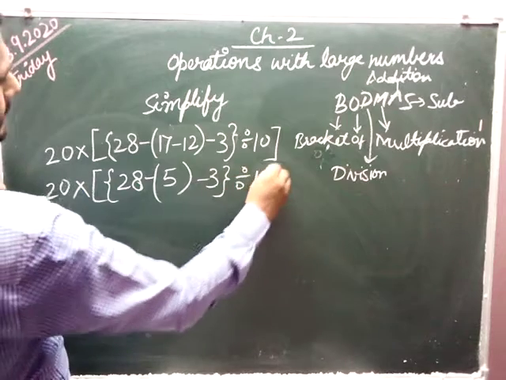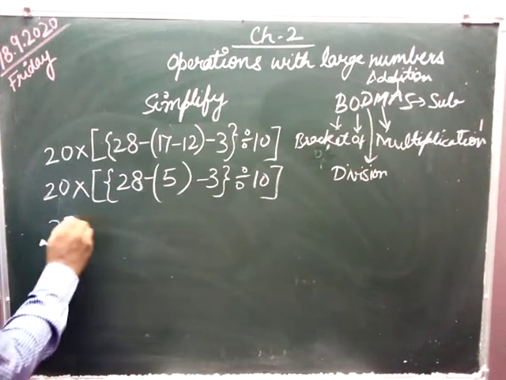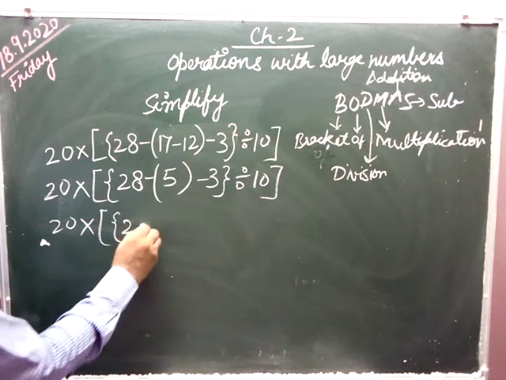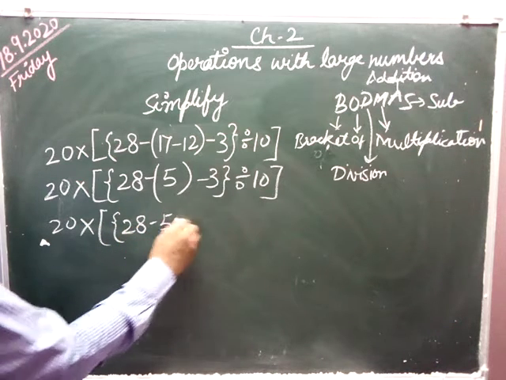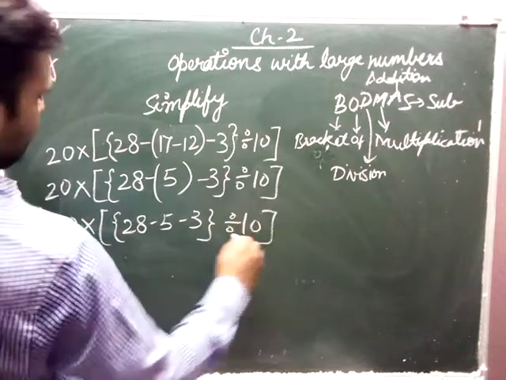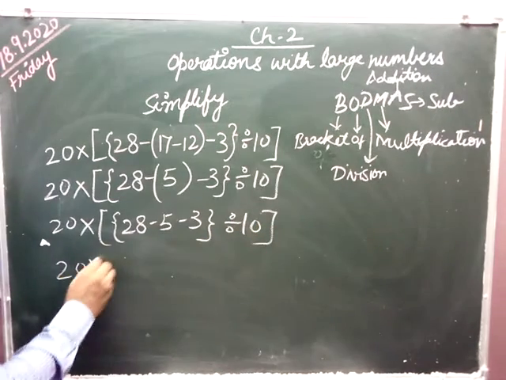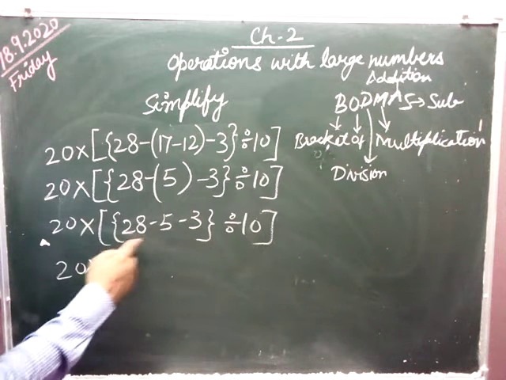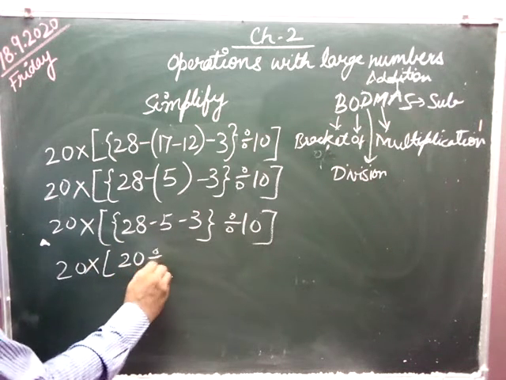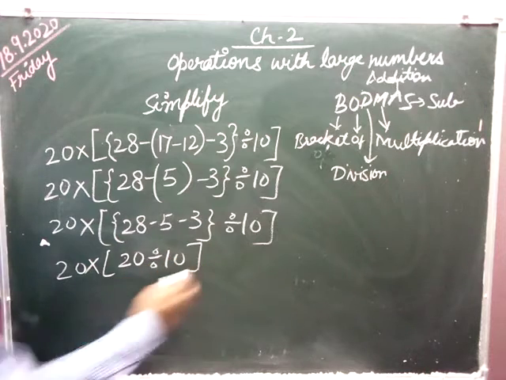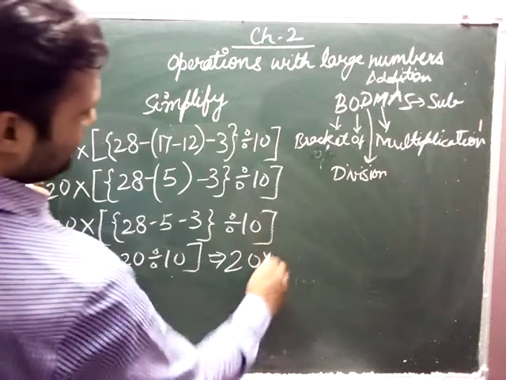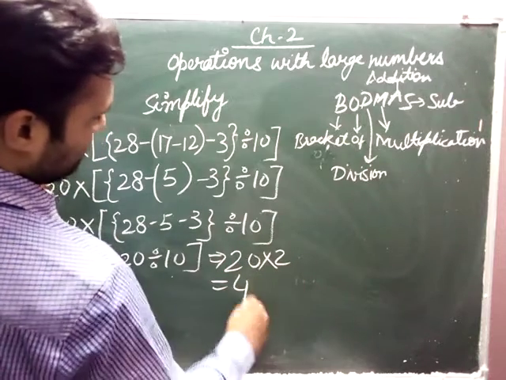Then 28 minus 2 is 26... we solve inside the bracket and then divide by 10, and finally multiply by 20, so the answer is 40.